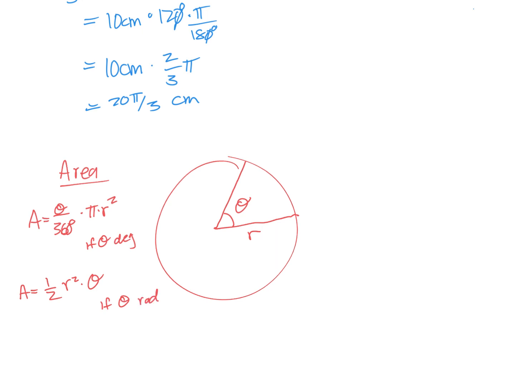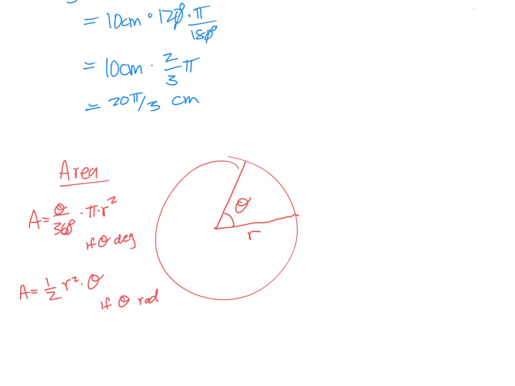Essentially, the proportion of this sector's area over the full circle is the same proportion as theta is to the full angle of the circle, 360.